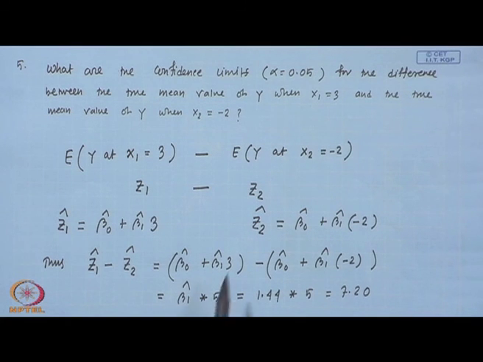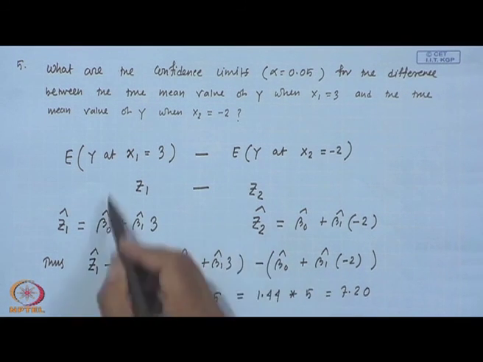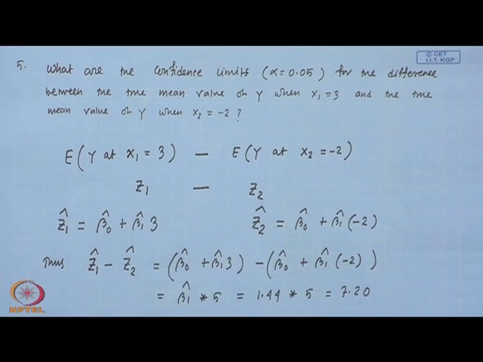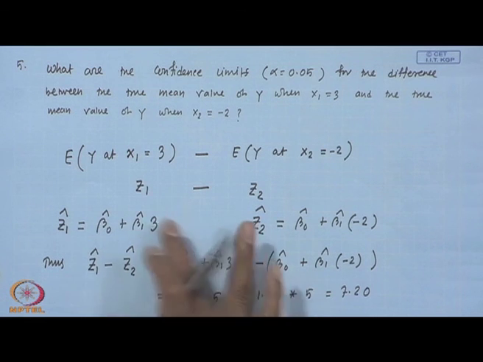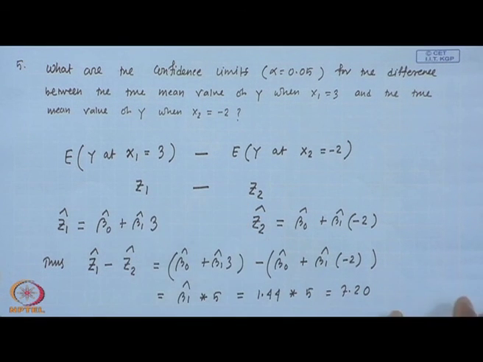Well, so what we did is that we found a point estimate for Z 1 minus Z 2, and the point estimate is 7.21.